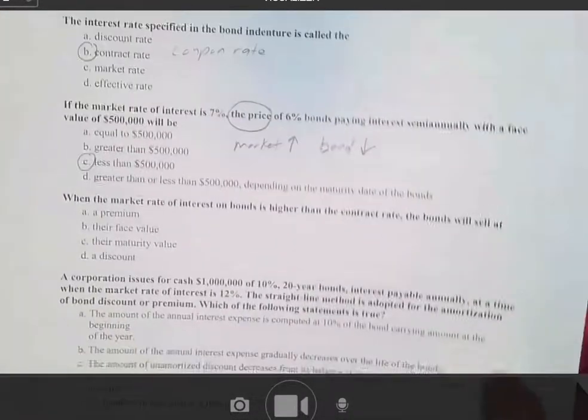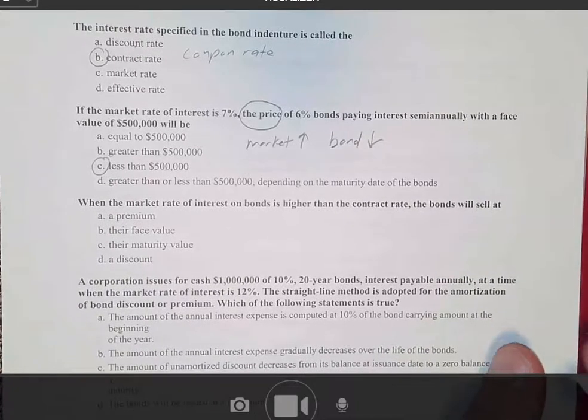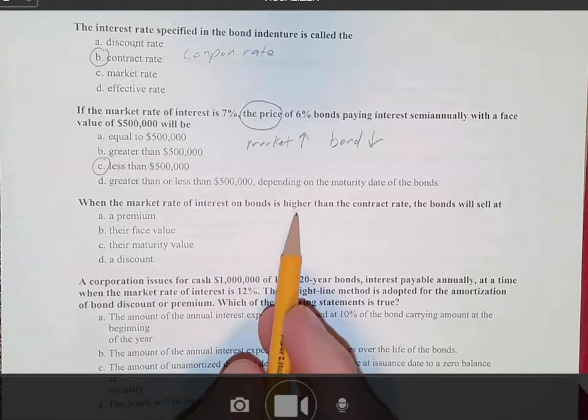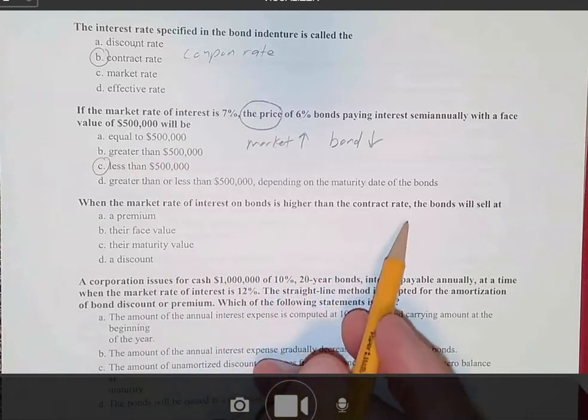Bear with me 1 second. All right. It says here, when the market rate of interest on bonds is higher than the contract rates, the bonds will sell at a, well, I use the terminology in this question right here. So market rate of interest is higher than the contract rate.